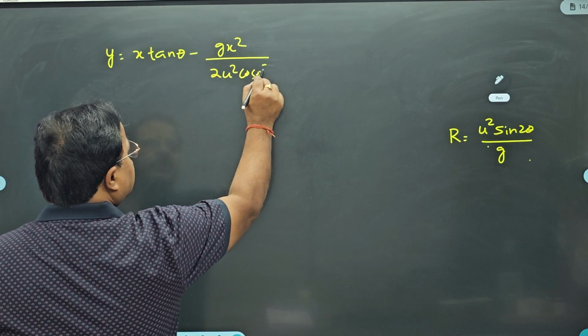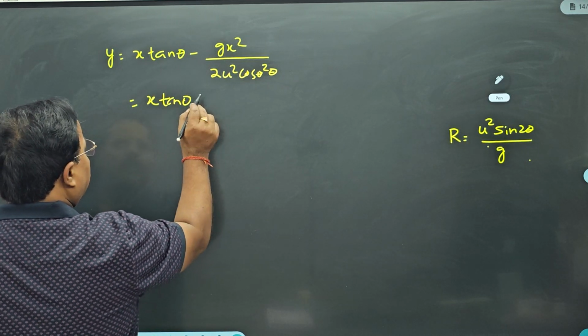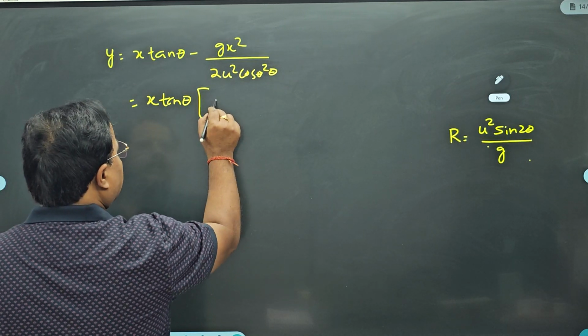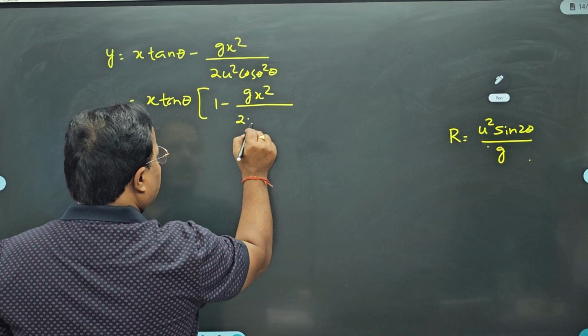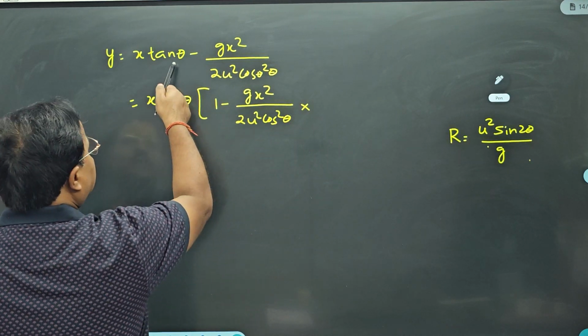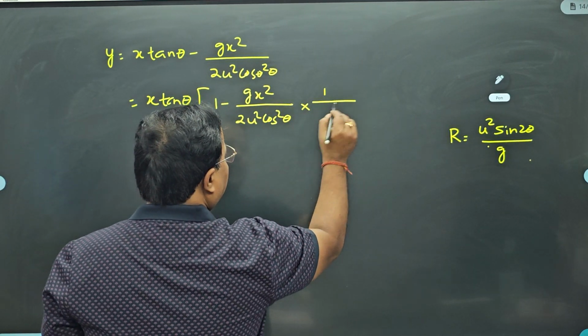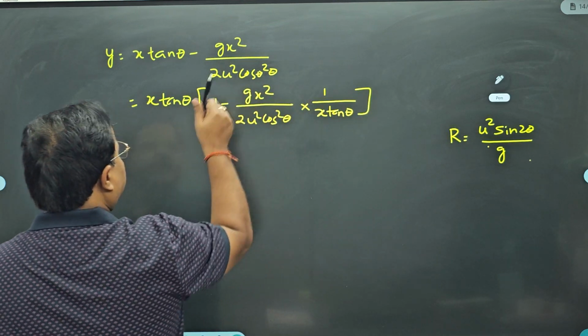From this equation, we will take x tan theta common. If we take x tan theta common, this will become 1 minus gx square by 2u square cos square theta into x tan theta, as we have taken x tan theta common and multiplied by it in the second term.